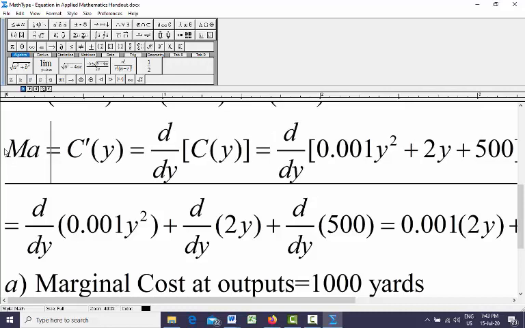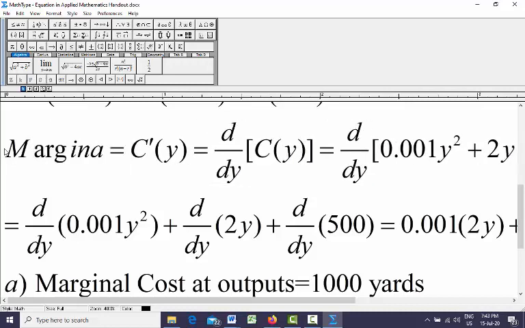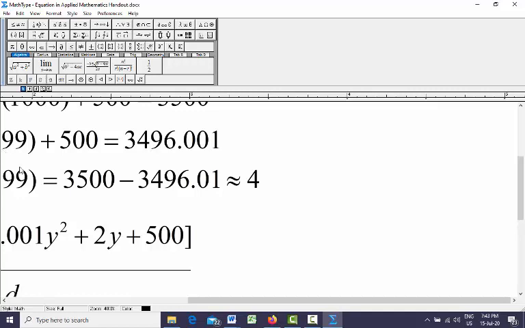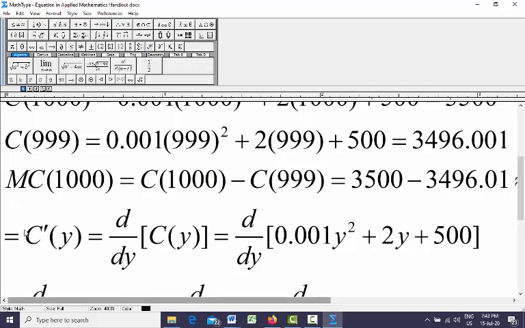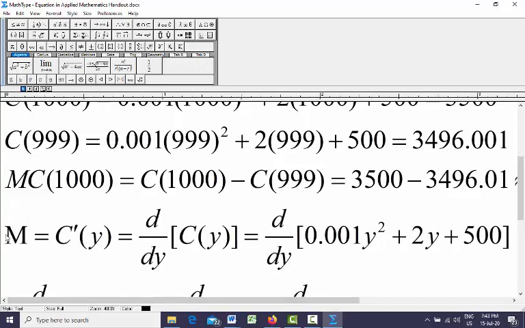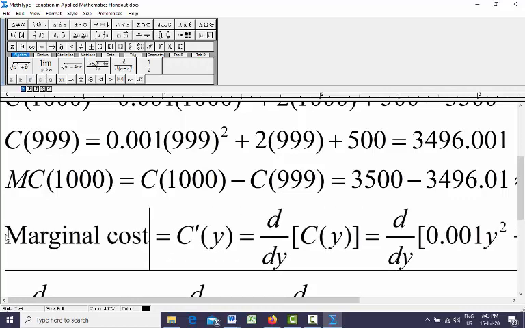So the marginal cost of producing the yth unit can be written as C prime y.